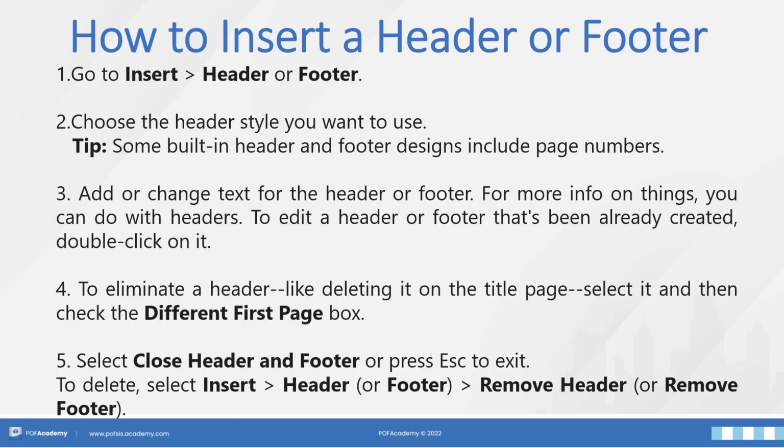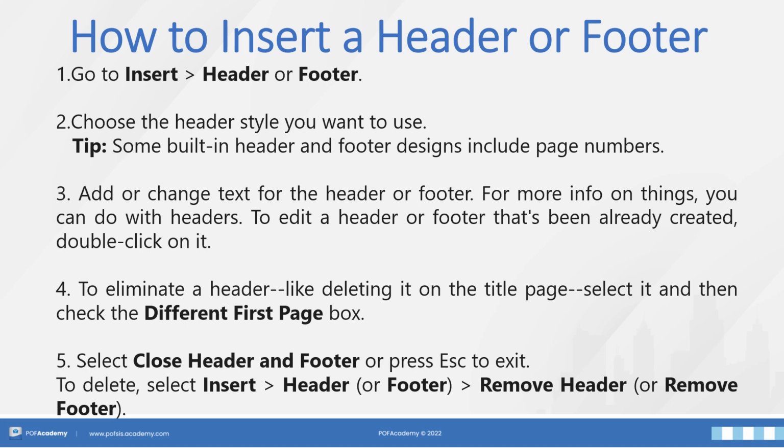So here's a summary of what we've watched in the previous slides. So to insert the header or footer, go to Insert tab, then choose Header or Footer. Then second, choose the header style you want to use. So some built-in header and footer designs already include page numbers. Then third, add or change text for the header or footer.